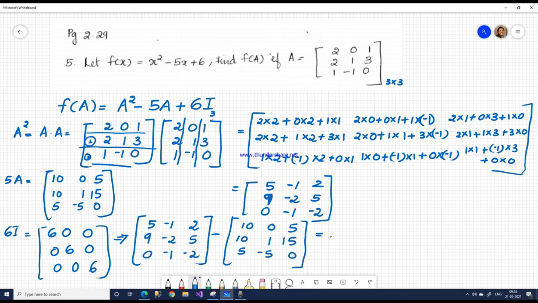So let's compute the value. So 5 minus 10 is minus 5, minus 1, minus 3, minus 1, minus 3, minus 10, minus 5, 4, then minus 2.